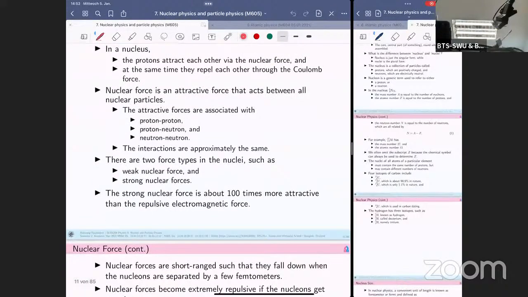There are two force types in the nuclei, and that's weak nuclear force and strong nuclear force. What does that mean? The strong nuclear force is about 100 times more attractive than the repulsive electromagnetic force. It's stronger, 100 times more attractive.